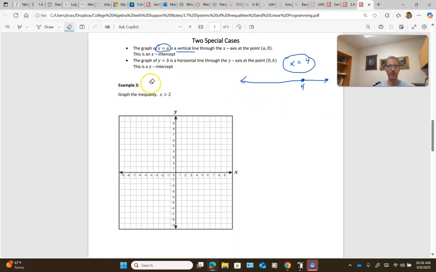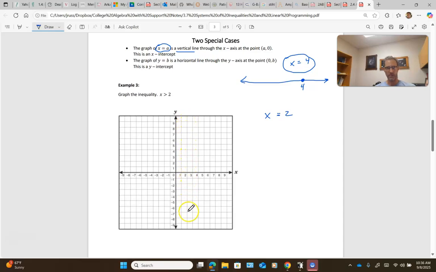Okay, so what about an inequality that just says x is greater than 2? Well, initially you're going to treat it like it's an equation, just x equals 2. So where would that be? Well, it would just be stationed right here. It should be made up of all these points that have x coordinates of 2.